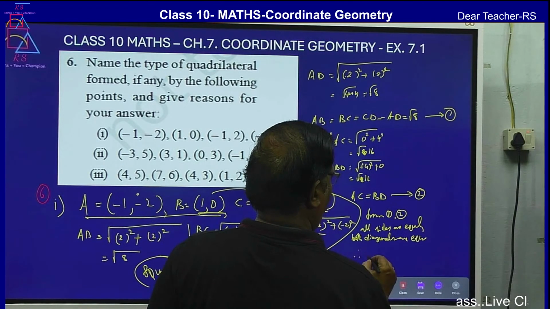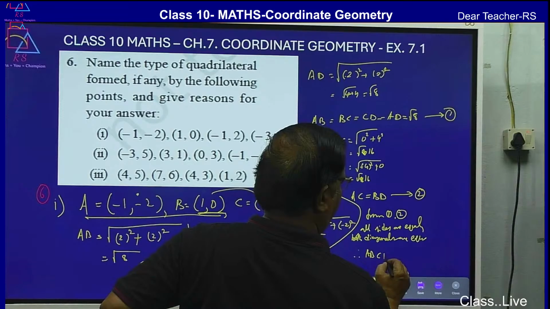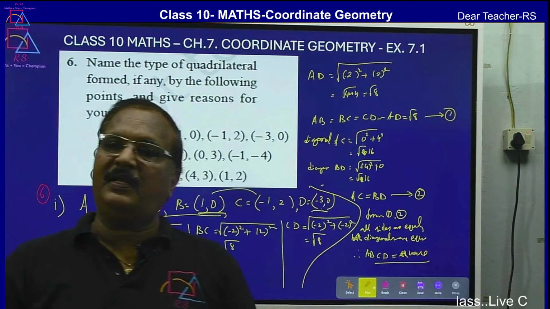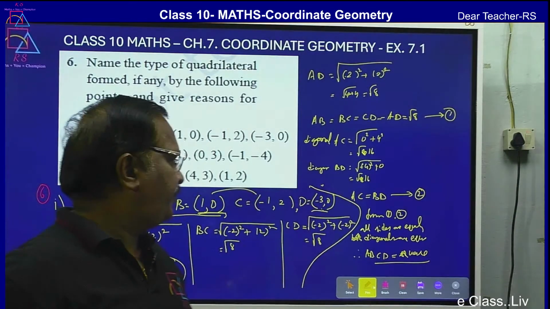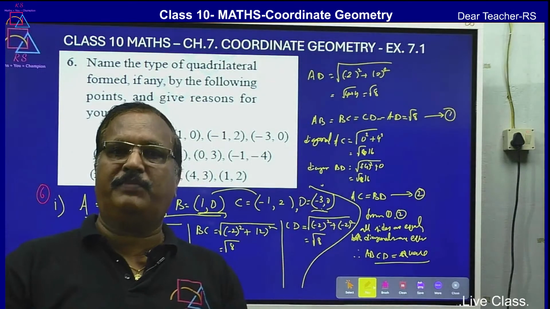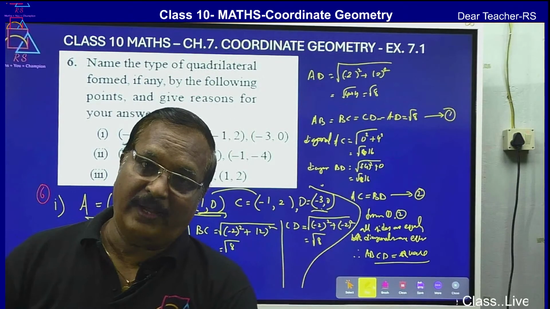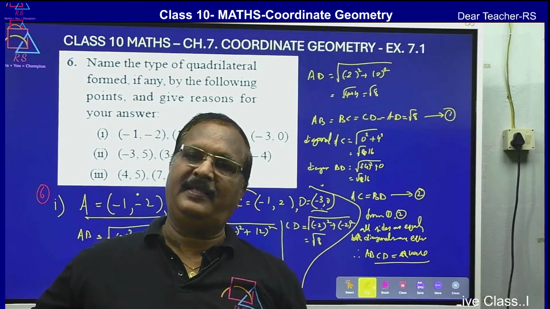Therefore, ABCD is a square. If diagonals are not equal, then we can decide that ABCD is just a rhombus. In a rhombus, diagonals are not equal. In a square, diagonals are equal.